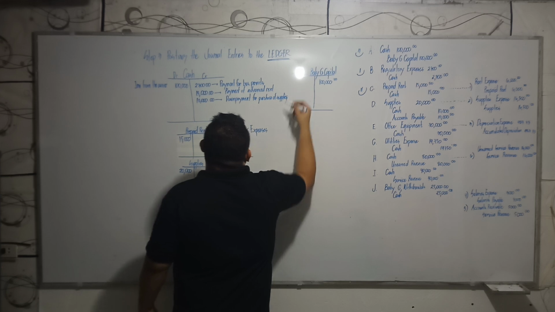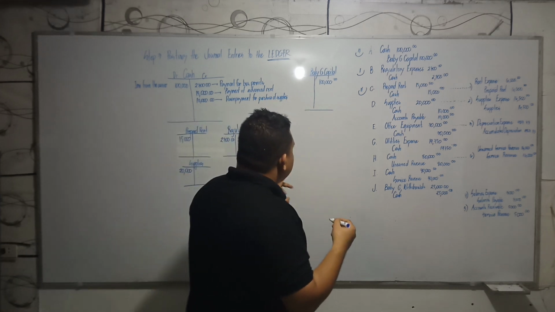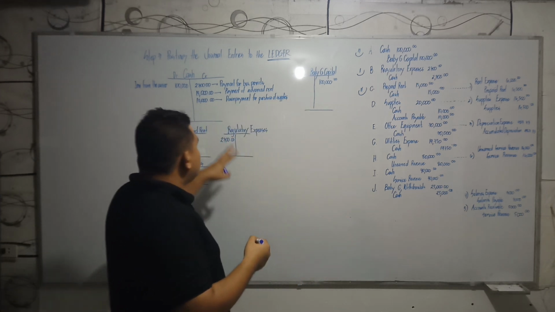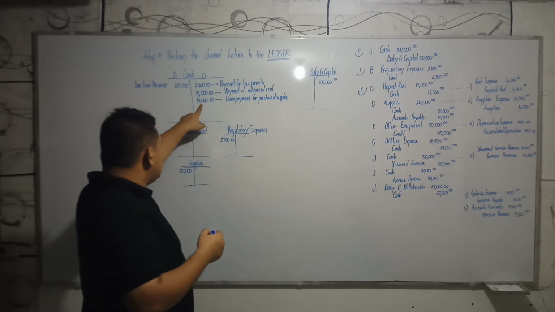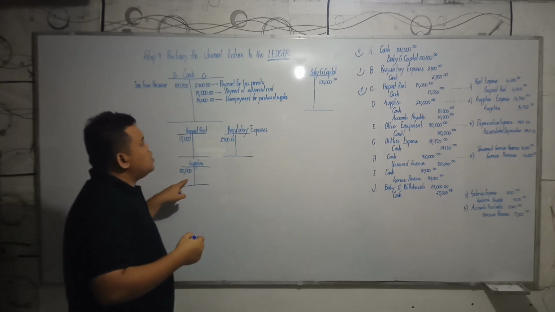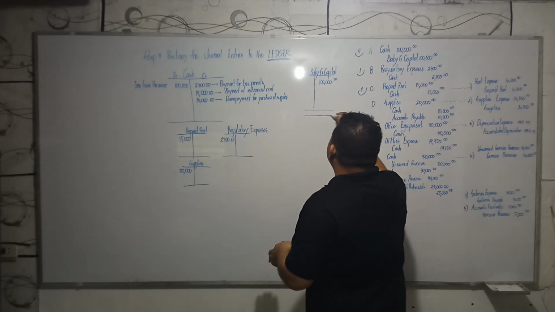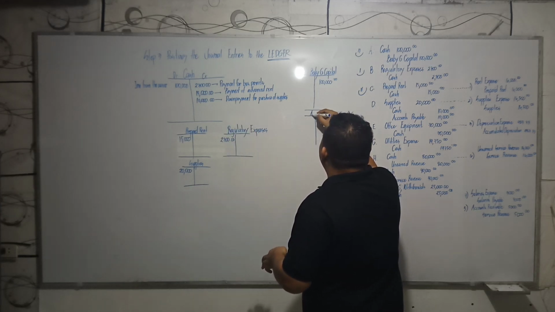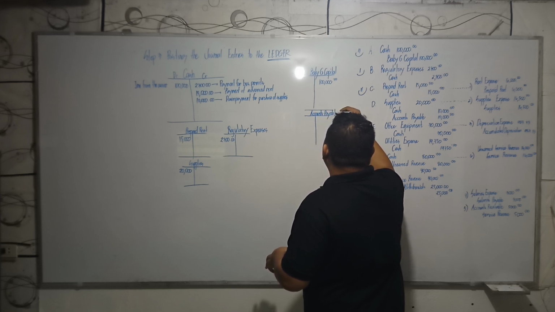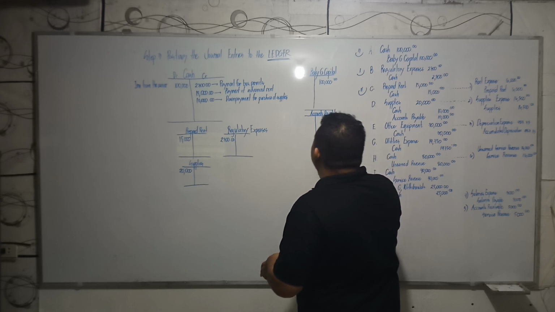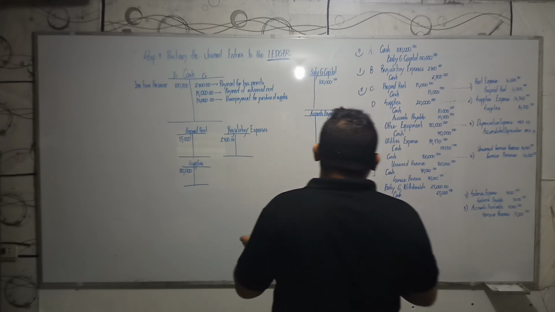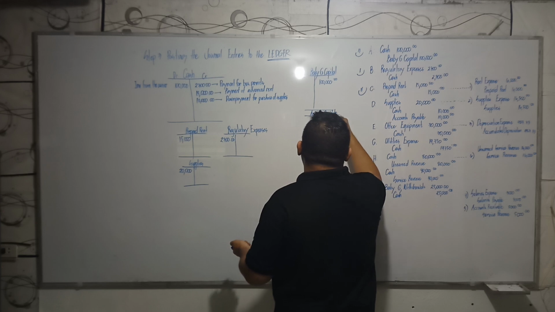So that's for cash. For letter D, credit cash. But in order to balance everything, since this is only 10,000 and this is 20,000, we have accounts payable. Okay. So, the accounts payable is on credit, 10,000.